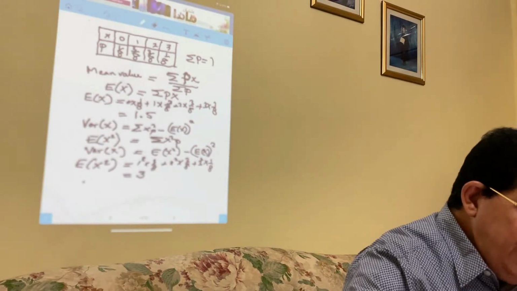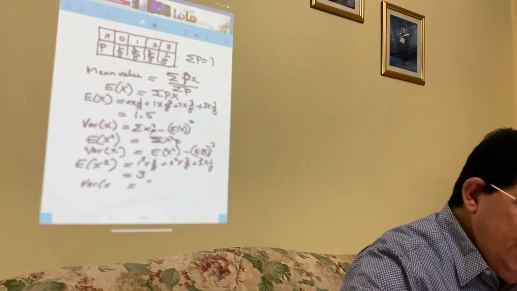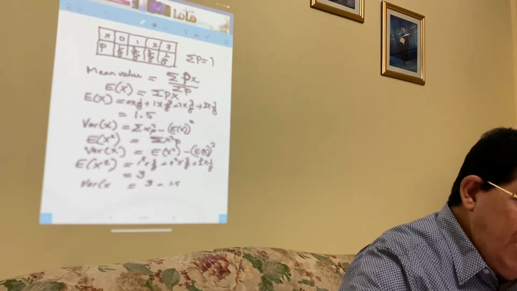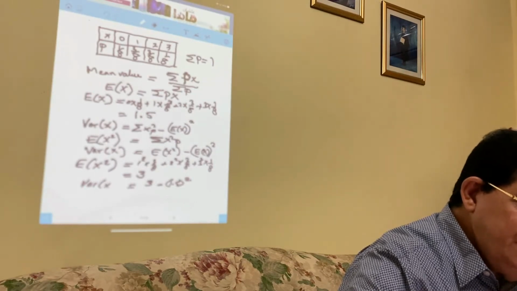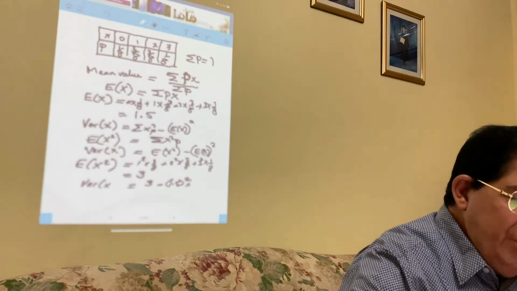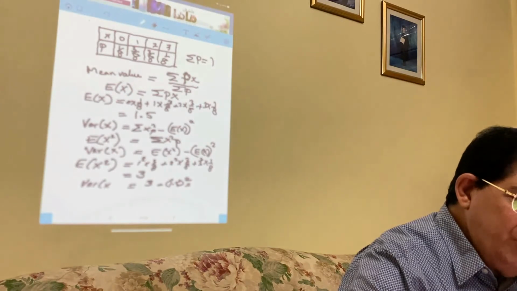Therefore, the variance of x equals 3 minus 1.5 squared, and this will be 0.75. 3 minus 2.25, right, 0.75.